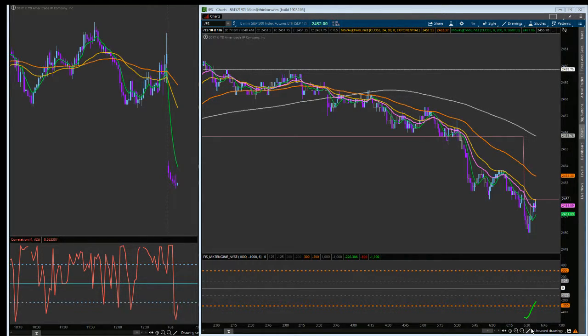Okay, we got a gear shift taking place here. Gear shift forming also on the NASDAQ as well. We have some pressure pushing up.